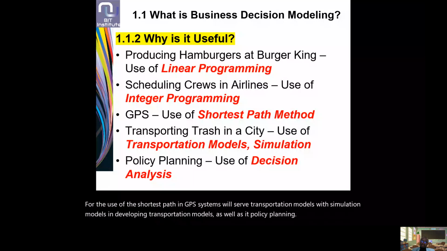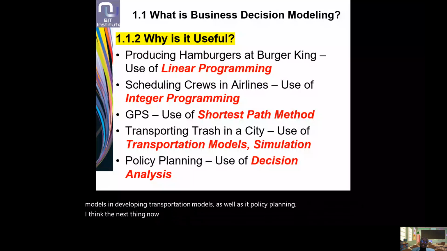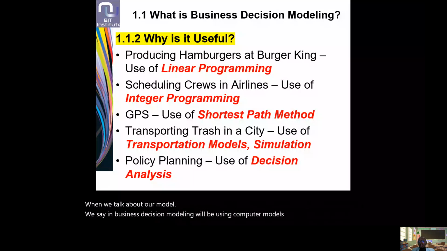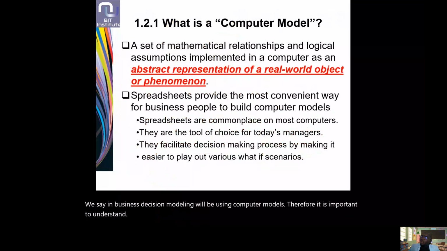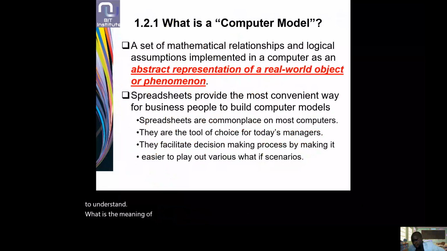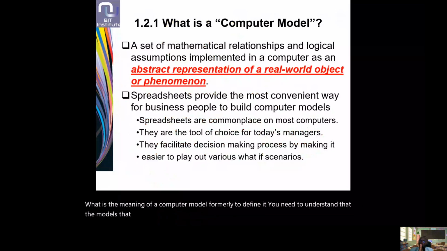I think the next thing now would be to try and understand, when we talk about a model, we say that in business decision modeling we'll be using computer models. Therefore, it is important to understand what is the meaning of a computer model. And formally, to define it, you need to understand that the models that we use in this course are mathematical in nature. So we'll be looking at how they are related.